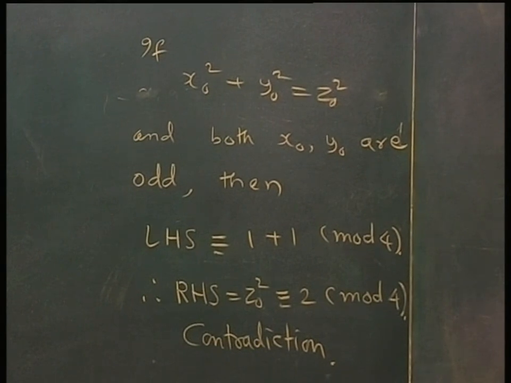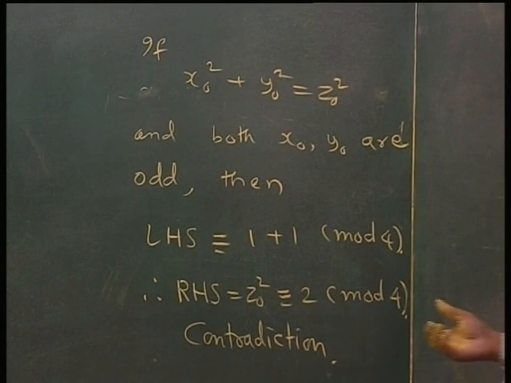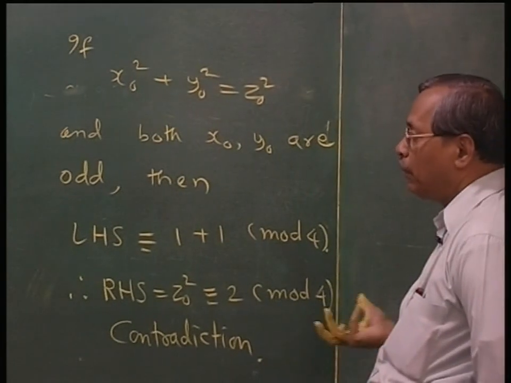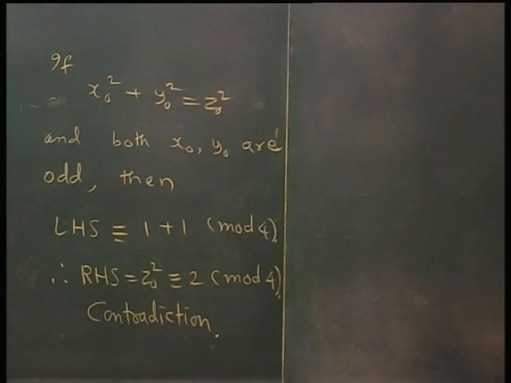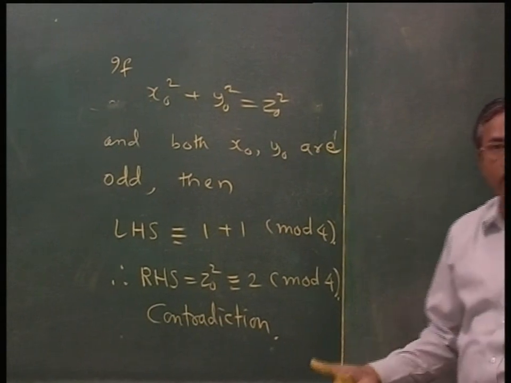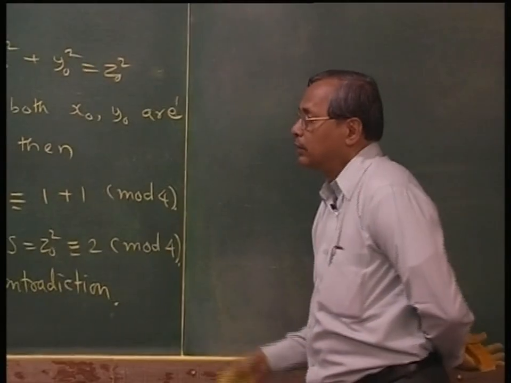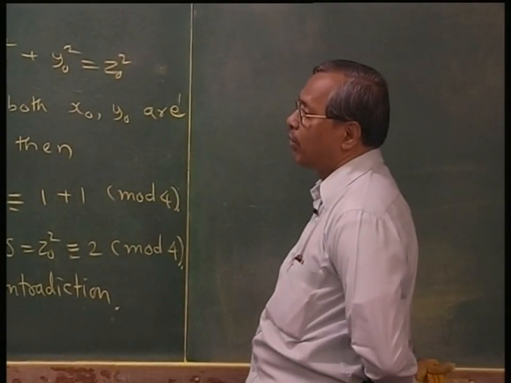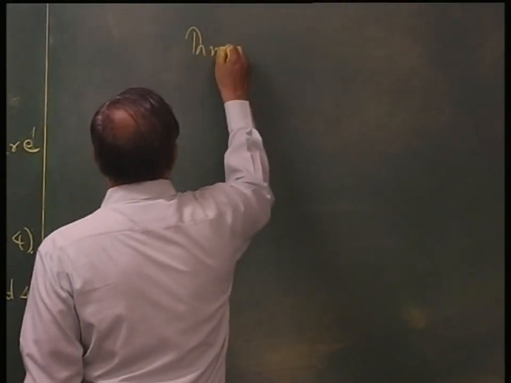Now if you have x naught and y naught, one of them is even, the other is odd for a primitive solution, and we can assume that y naught is even. By interchanging x naught and y naught, we can assume that y naught is even. And then we can give a kind of formula for x naught, y naught, z naught. So that's a theorem.